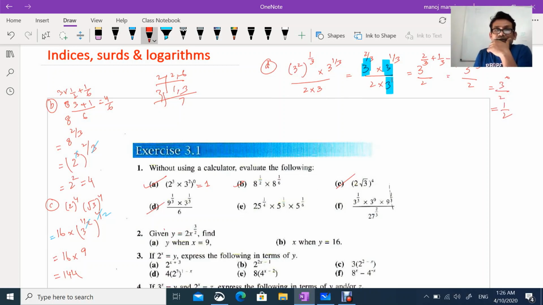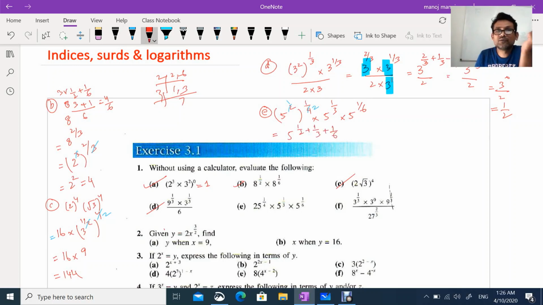Part E. In part E, 25 we can write as 5 power 2, then 1 upon 4, 5 power 1 upon 3, and 5 power 1 upon 6. This 2 we can cancel out, 2 times 1 and 2 times 2. So we have 5 power 1 upon 2 plus 1 upon 3 plus 1 upon 6.